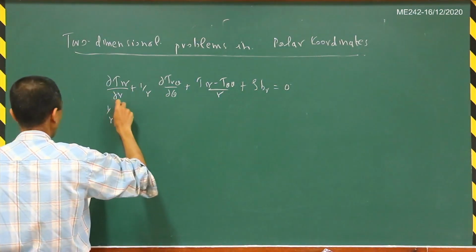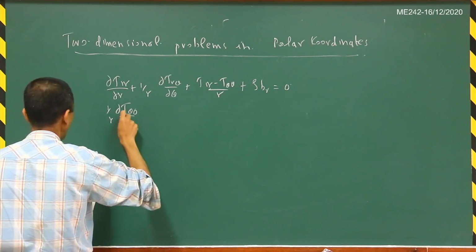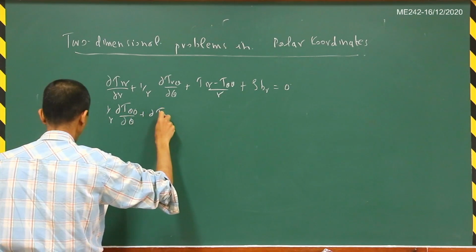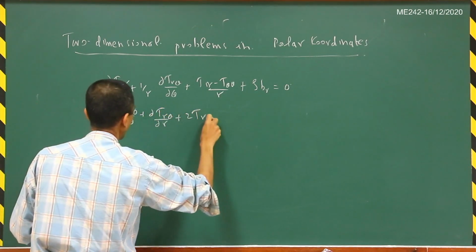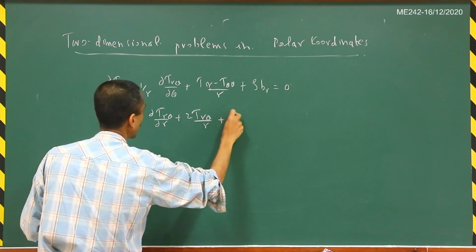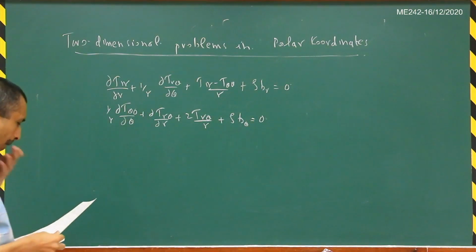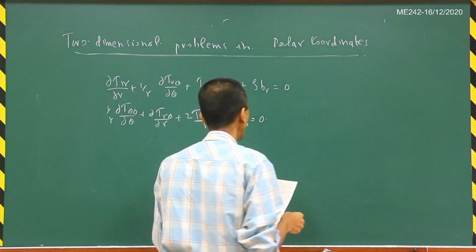So let me write the other one also: ∂τ_θθ/∂θ ... + ∂τ_rθ/∂r + 2τ_rθ/r + ρb_θ = 0. These are the governing equations in two dimensions.